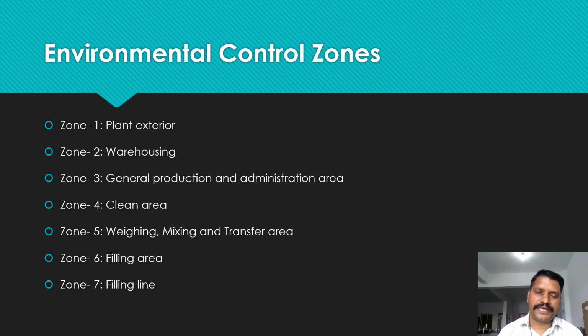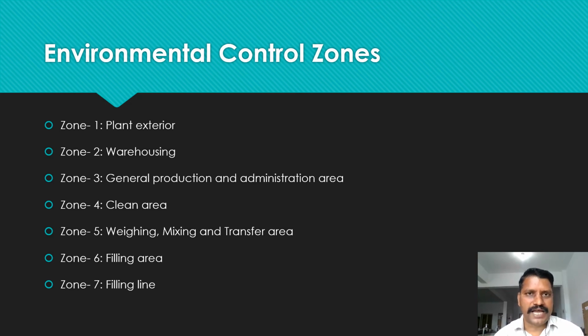Means we need to increase the stability of our products. Therefore, we set the temperature condition or some environmental parameters in this warehousing area, zone 2 area.